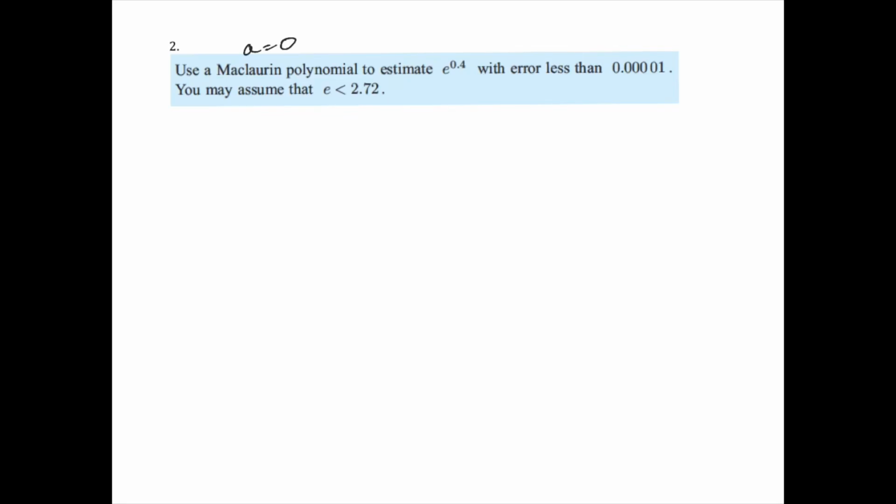2.72. Now, first of all, we're estimating e to the 0.4, but we need a function in terms of x. So f(x) is just e to the x, but our x value that we're going to find an estimate of is 0.4. And because it's a Maclaurin series, a is 0. So what is our Taylor polynomial or Maclaurin polynomial that will approximate this?